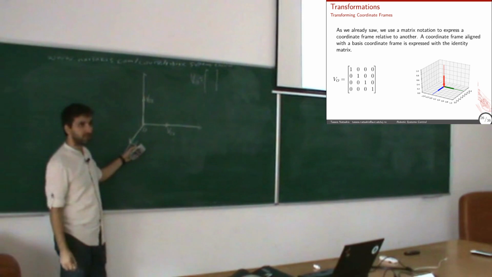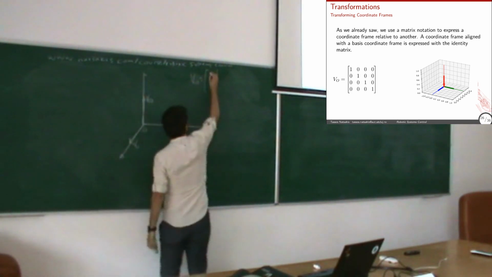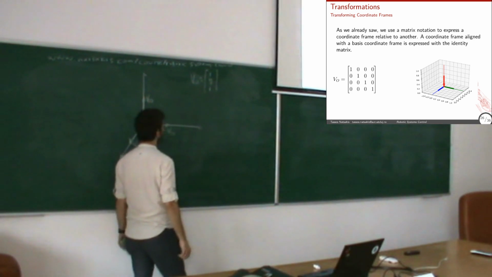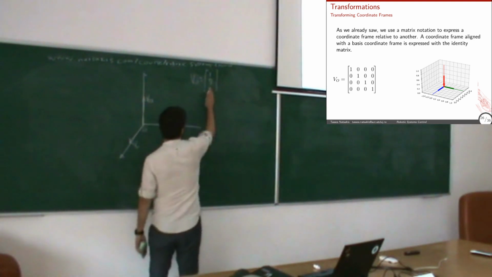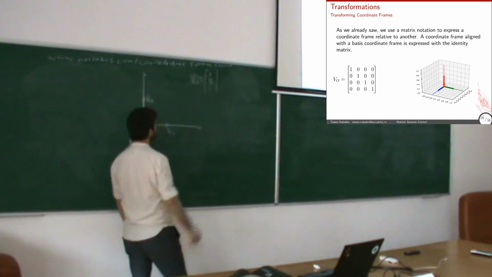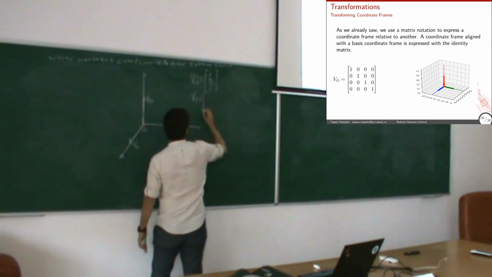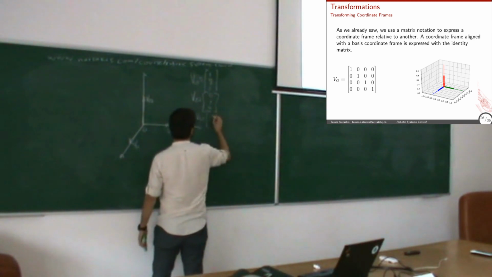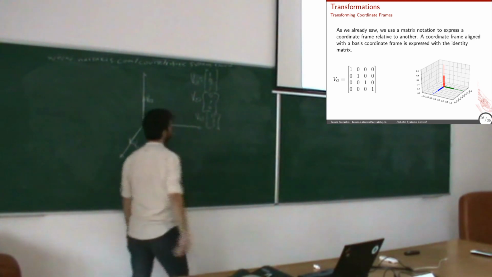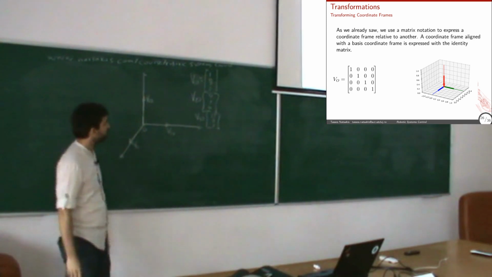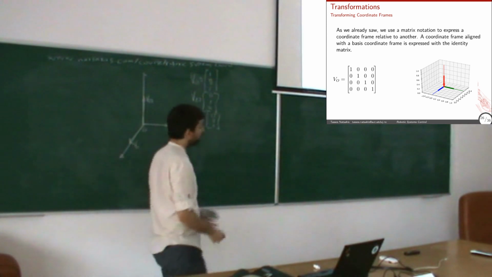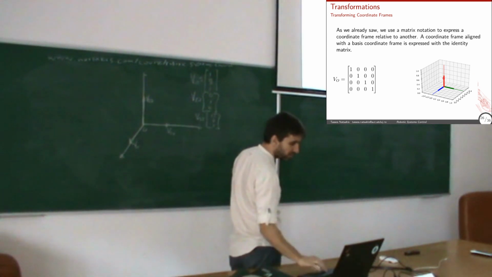So it will be 1, 0, 0, right? 1, 0, 0, and this will be 0, 1, 0, and this will be 0, 0, 1. Okay? So if I put them together, that basically shows me the orientation of the coordinate frame, and it's this part here, the first 3 by 3.